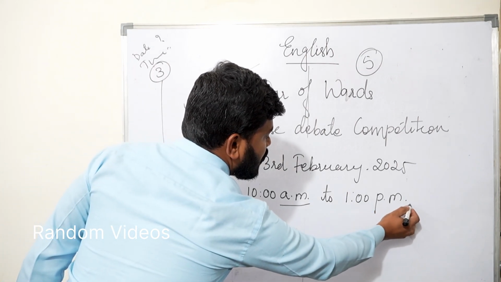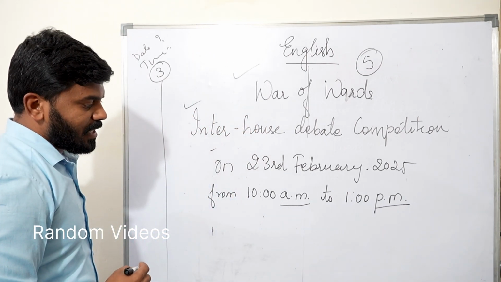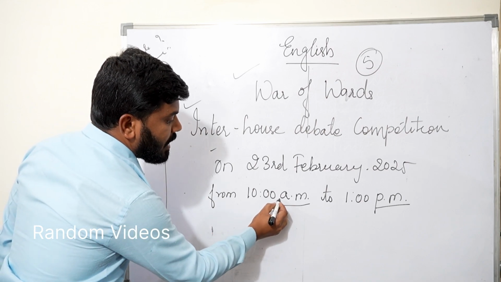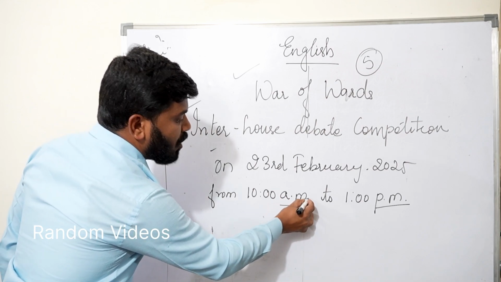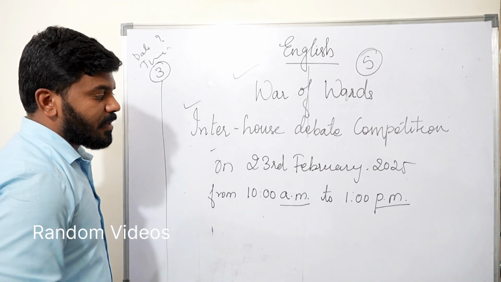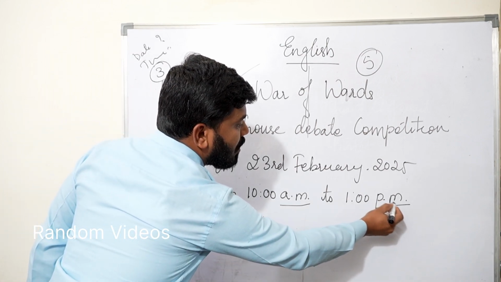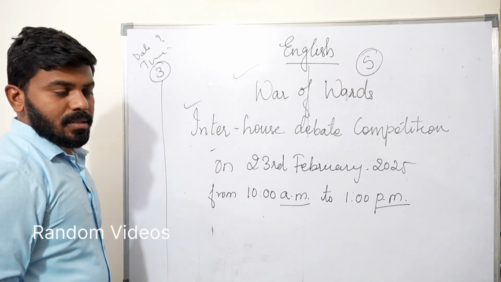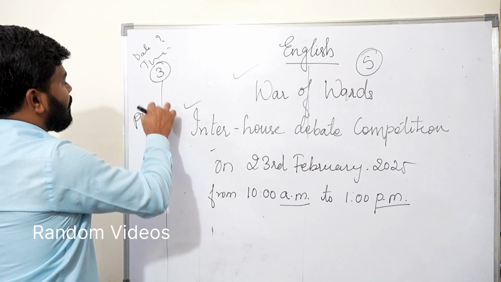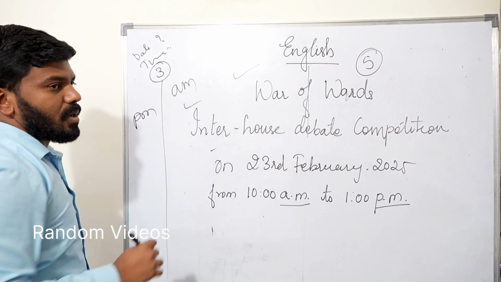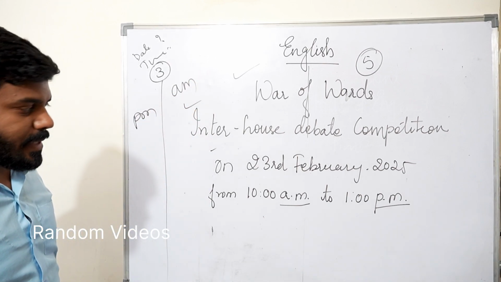Here you must be very careful. If it is AM, you must write a.m. If it is PM, you write p.m. Just don't write it like this, PM, AM. You will not get marks.